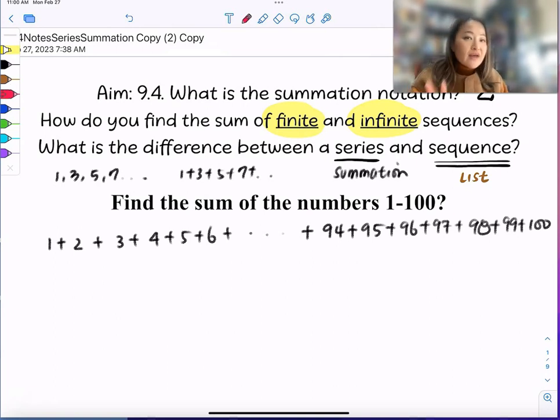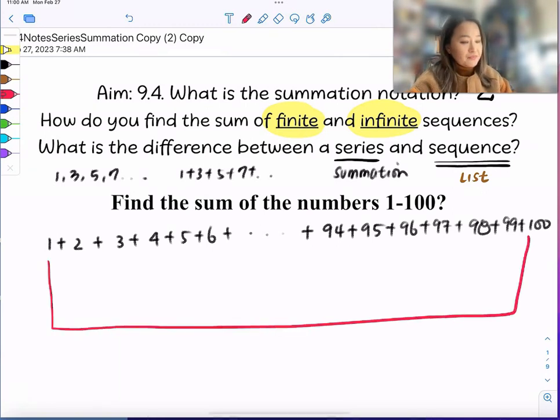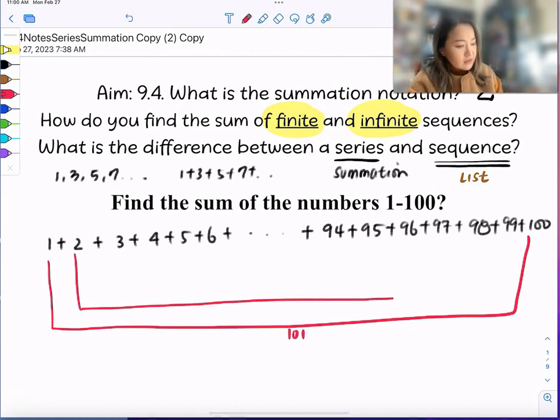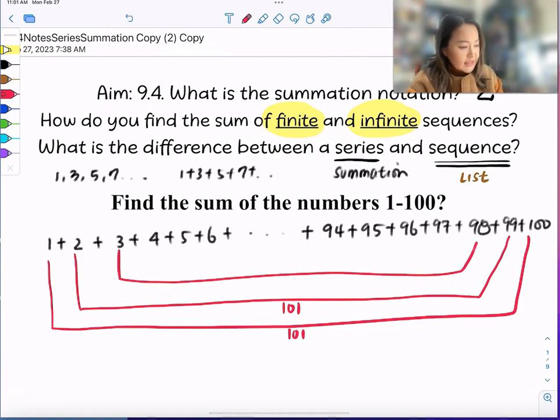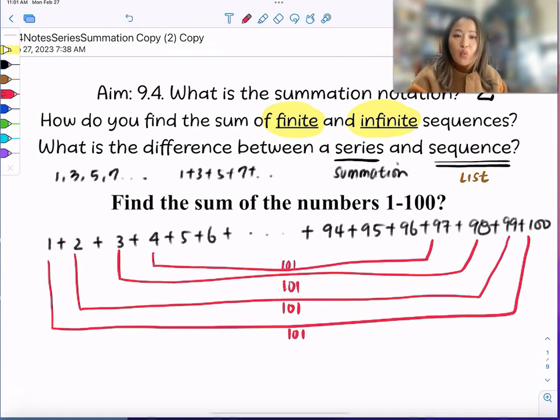I think maybe 50% of you know the trick, and there is a cool little trick. What's 1 plus 100? It's 101. What's 2 plus 99? It's 101. 3 plus 98? 101. 4 plus 97? 101.